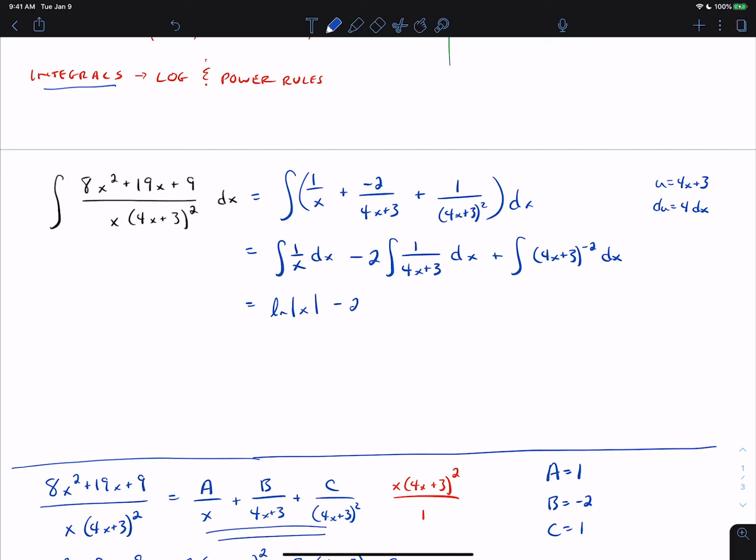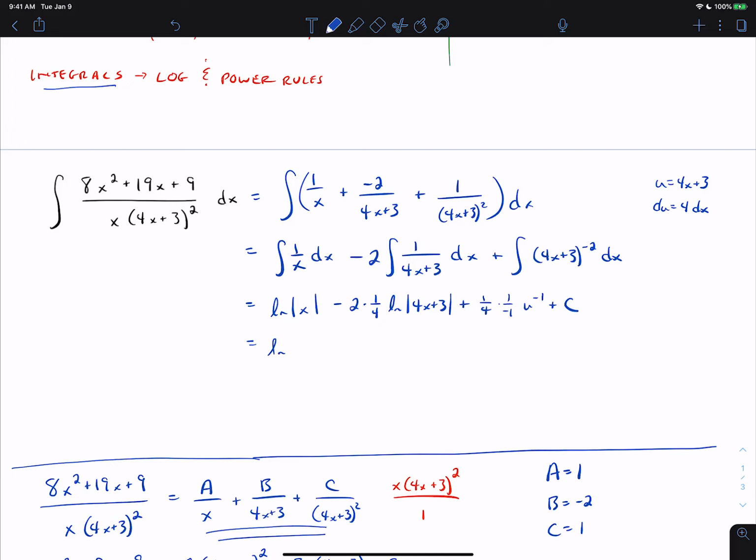On the second one, we would do the u substitution. I'm not going to show all the steps of that, but you can if you would like to do that. We're going to get a 1/4 outside and then log absolute value of 4x plus 3. And then on this one, we're going to get 1/4, but then it would be u to the -2 du. So we get 1 over -1 u to the -1 plus c.